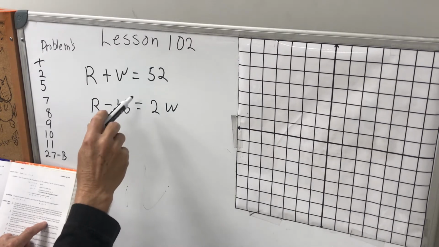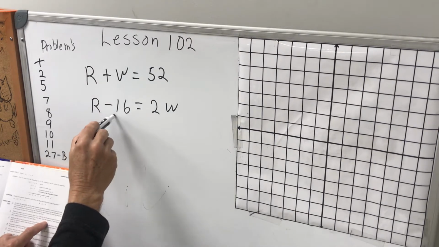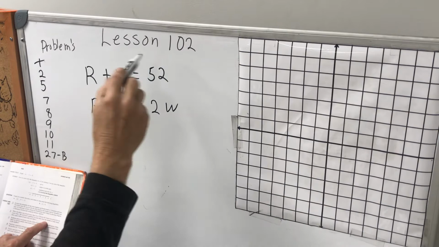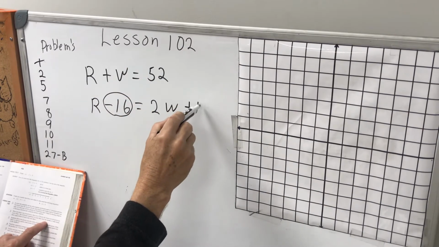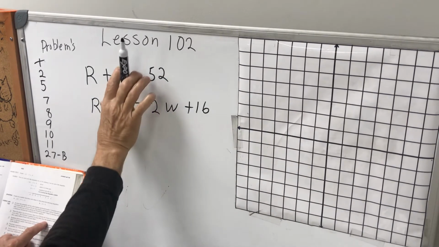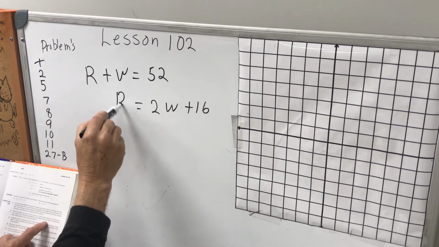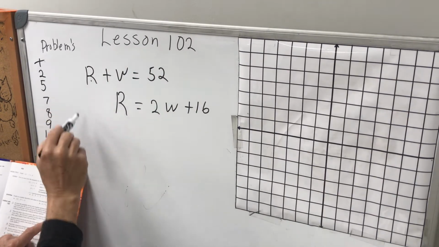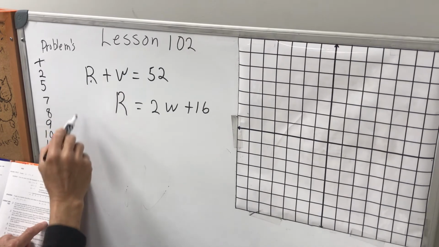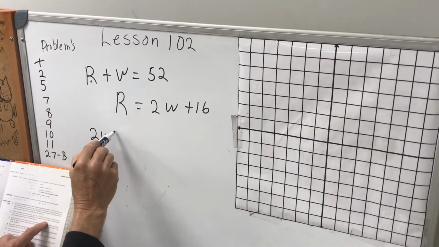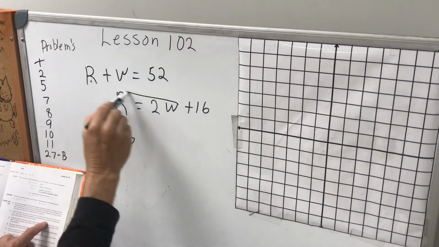Okay, to get us a formula to work with, we can take this negative 16 and move it to the other side. That'd be positive 16. I'm just going to erase this and put my R over here close by. R equals this. If we substitute for R, it's 2W plus 16, see that?